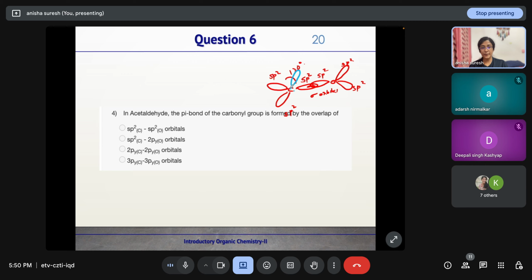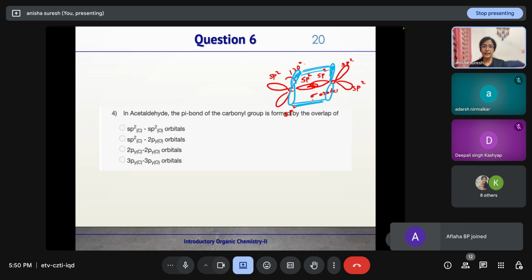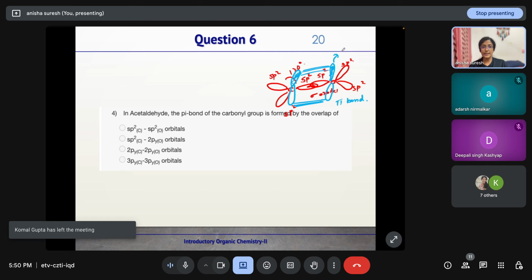So if we label like this, they can overlap in parallel fashion, leading to formation of pi bond. So this is 2py of oxygen, 2py of carbon.